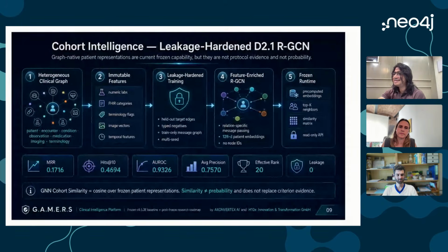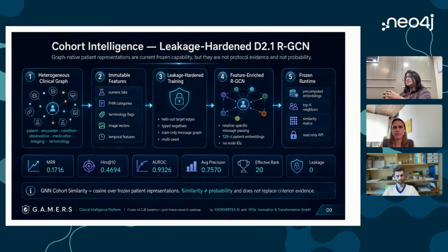In the heterogeneous clinical graph, always notice that when we are treating the data that we have, we have immutable features, which are like clinical labs or biomarkers.